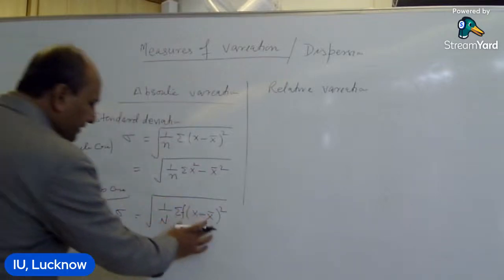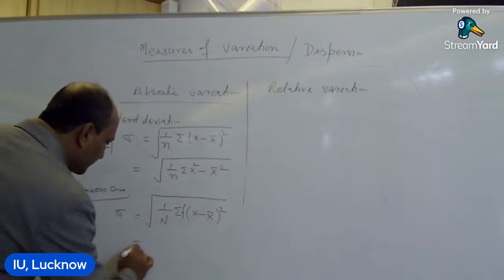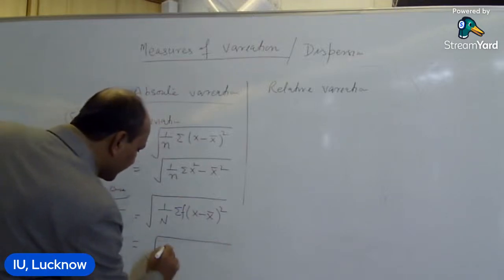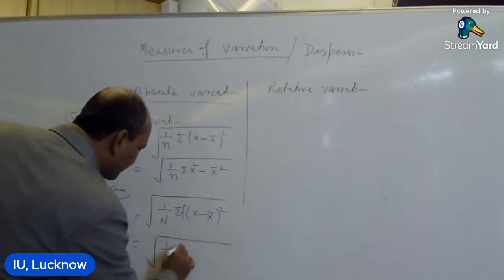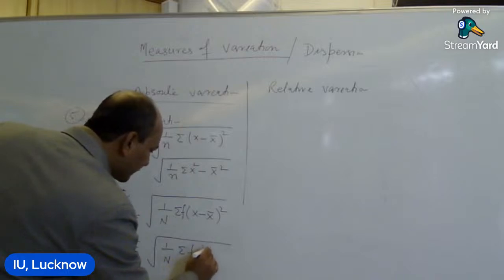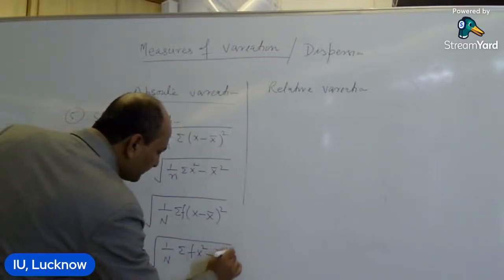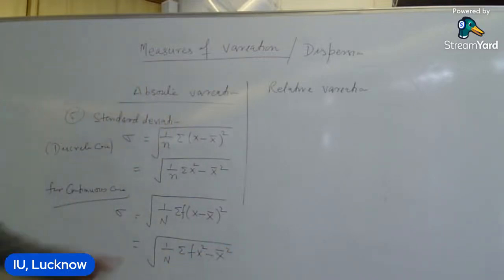If you simplify this, it can be written as 1 upon N summation f x square minus x bar square. So you can use either this formula or this formula in the case of continuous data for finding the standard deviation.